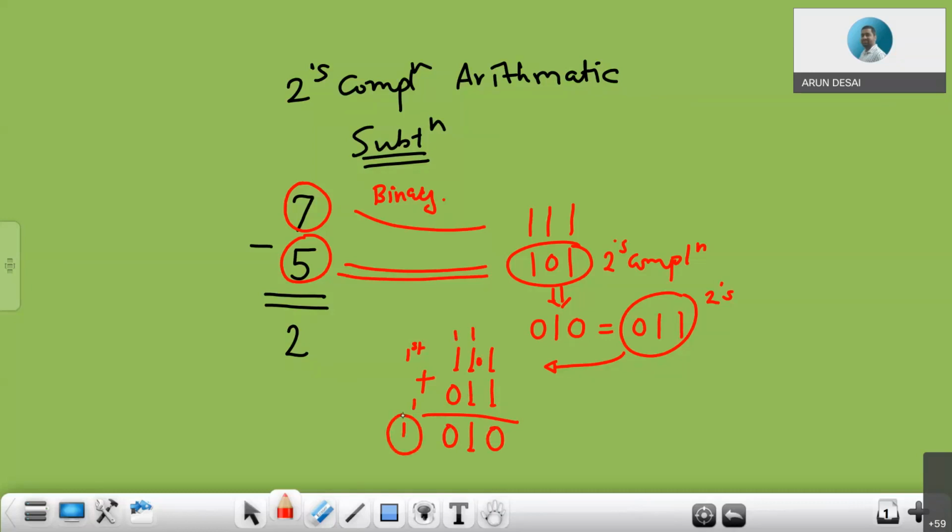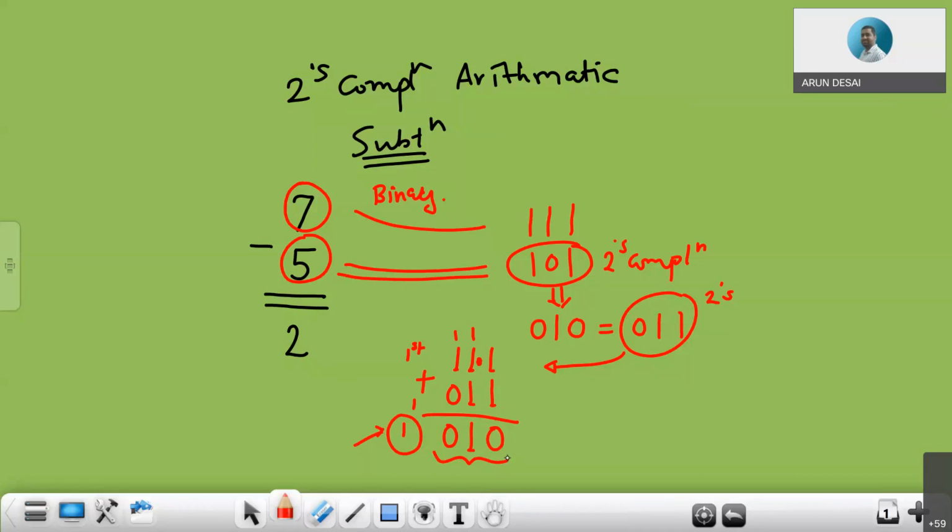Right. If a carry is generated in this case, concentrate on my words: discard that carry, and whatever result you get from this addition is correct and in correct binary form, right? So you need to find its equivalent decimal number. What is the equivalent decimal number for 010?